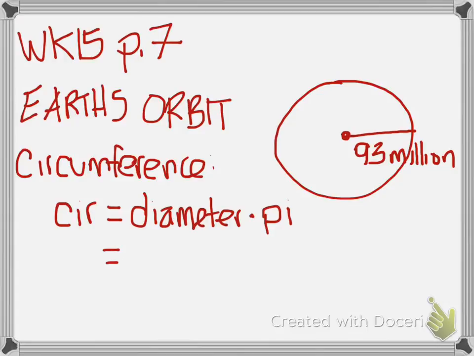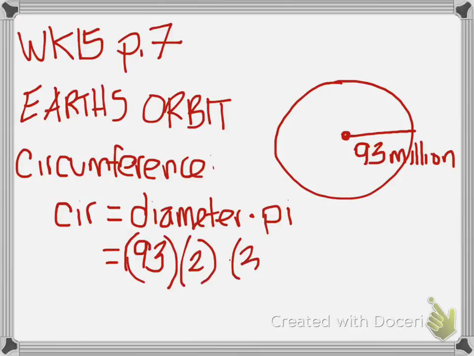Well, in this case, the circumference is equal to diameter, which is twice the radius, times pi, which is 3.14. So go ahead and multiply all of that out so you can come up with the circumference. When you're finished, you can work on problem number 2 on page 7.